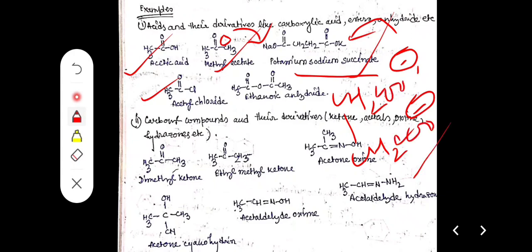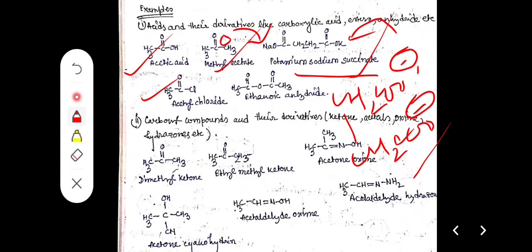This is called succinate. A dianion is produced, that is a dicarboxylate. As there are two metal ions, potassium and sodium, we term it potassium sodium succinate, and obviously in alphabetical order potassium comes first, then sodium, then succinate.